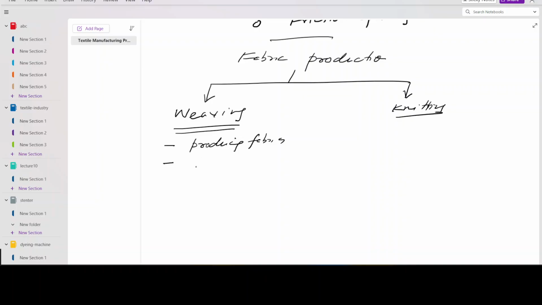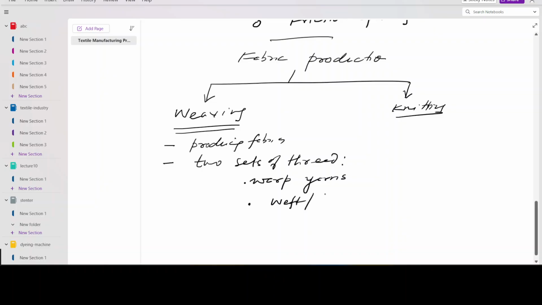We have to know two sets of thread are used in weaving. One is warp yarn and the other one is weft or filling yarn. It is popularly known as Tana and Bana. These two threads have local name Tana and Bana.